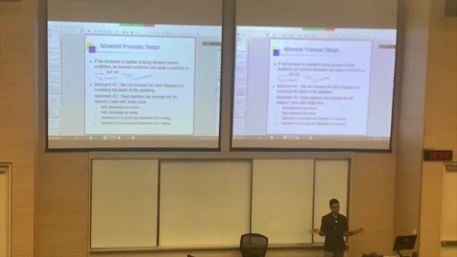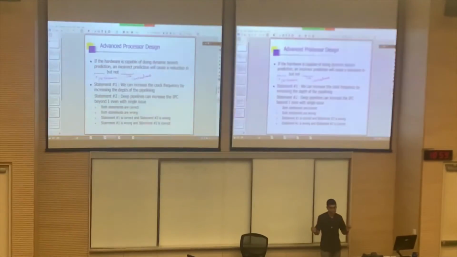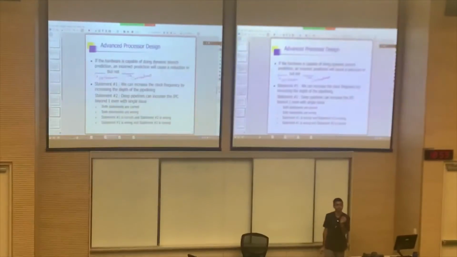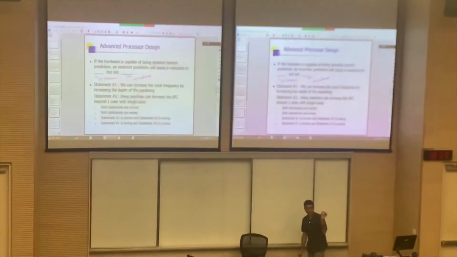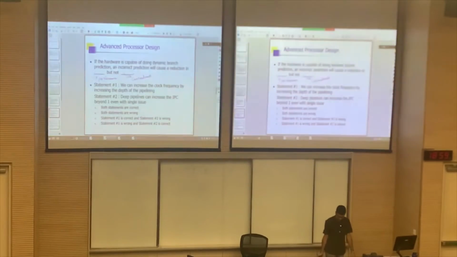Either way, you have to have mechanisms which check for correctness of your prediction, mechanisms to ensure that incorrectly executed instructions do not change the program state, and mechanisms to flush those instructions and start the pipeline at the correct location or with the correct instructions.